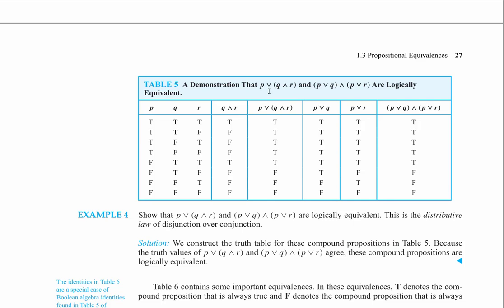So P or Q and R distributes to P or Q and P or R. And here's the checking. So here's the left side, here's the right side. So the same T's and F's.